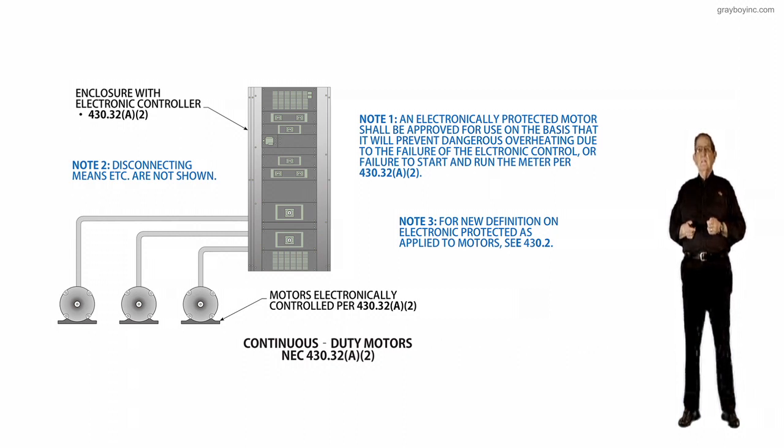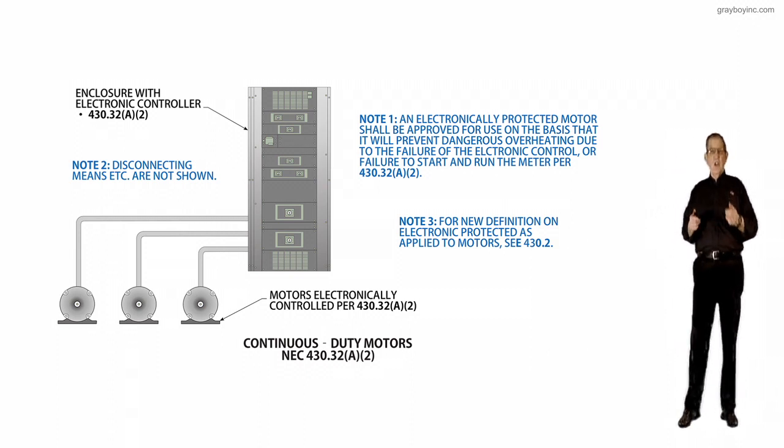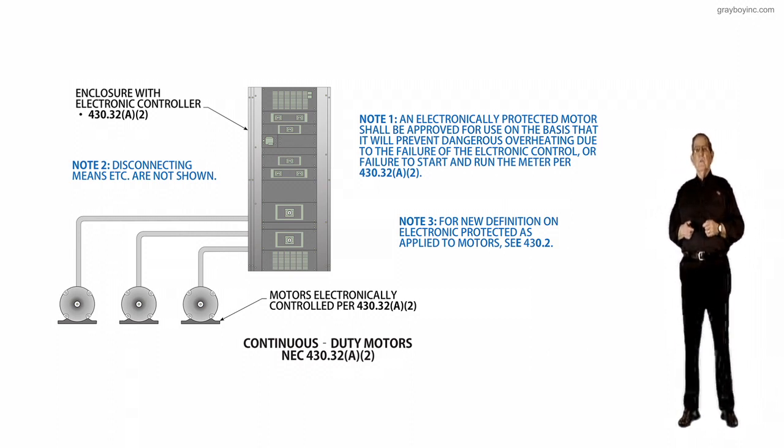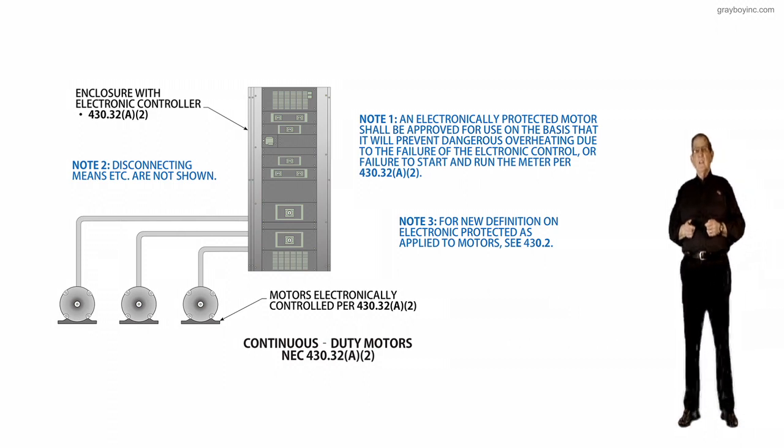Now, as a reminder, where GFCI protection of appliances is required, see 422.5(A), because there is a little bit of a change there that you would need to review. Now, dealing with continuous duty motors that are electronically protected, I think we've pretty well covered why this new section was added in.